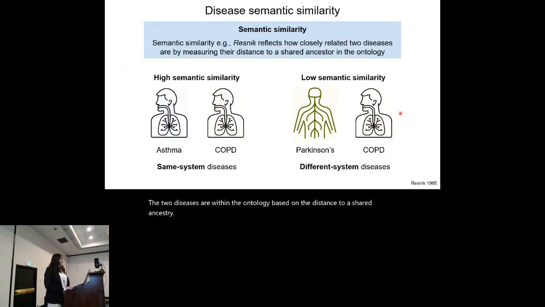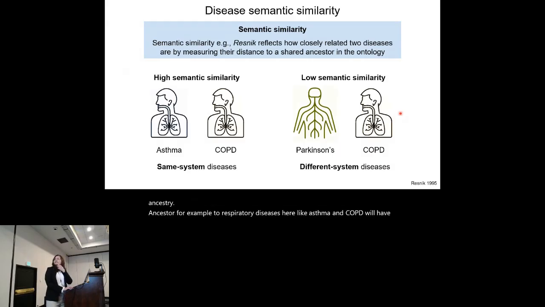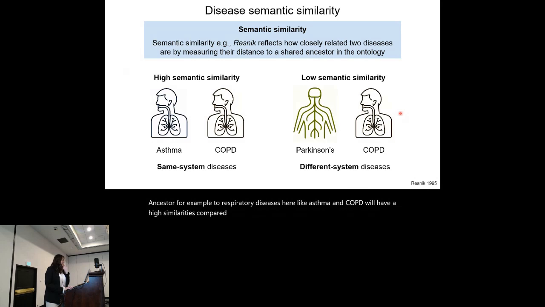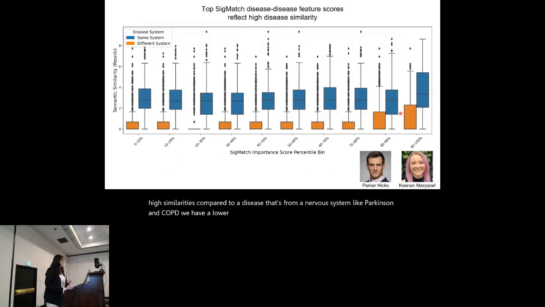For example, two respiratory diseases like asthma and COPD will have a high similarity, compared to a disease from the nervous system, like Parkinson's and COPD, which will have a lower similarity. We use semantic similarity, specifically the Resnik score from the Mondo ontology, to ask: does SigMatch prioritize biologically related diseases?